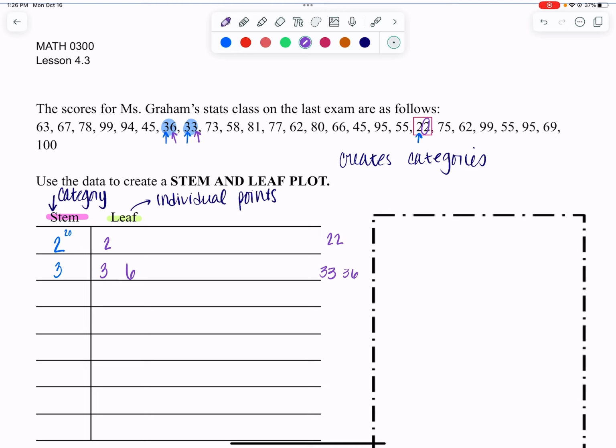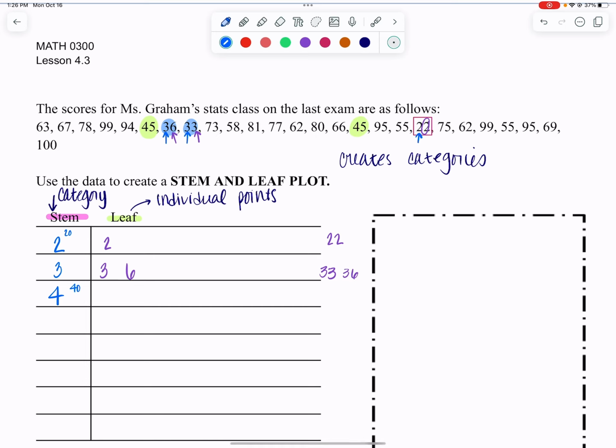Now I'm going to go to my next category. Let's see if we have any numbers in the 40s. So here's a 45 and another 45. And I think that's all. So I am going to start by telling you that my stem is 4.